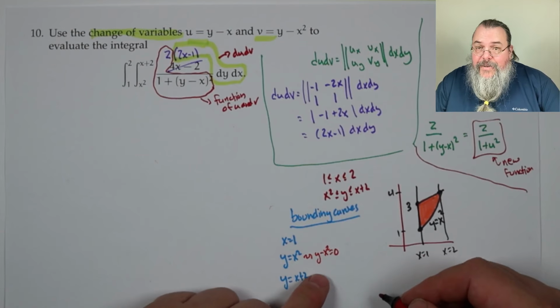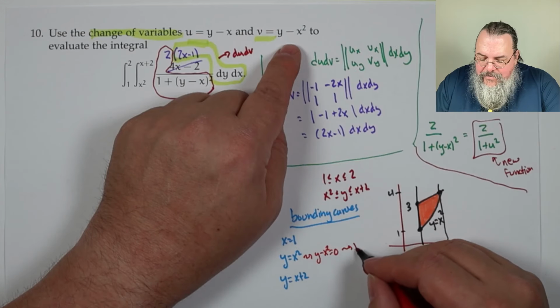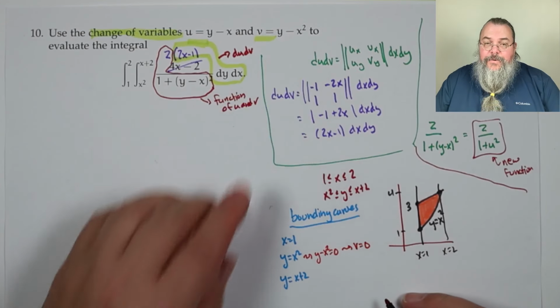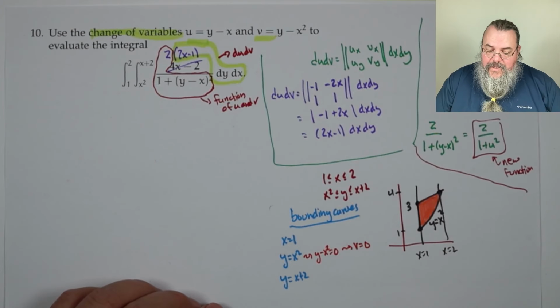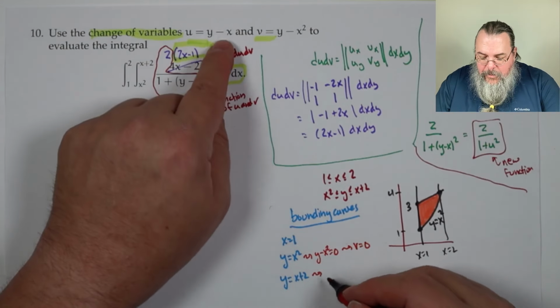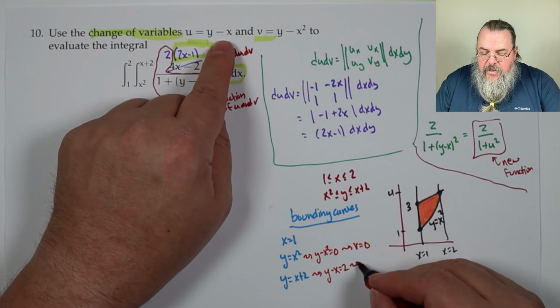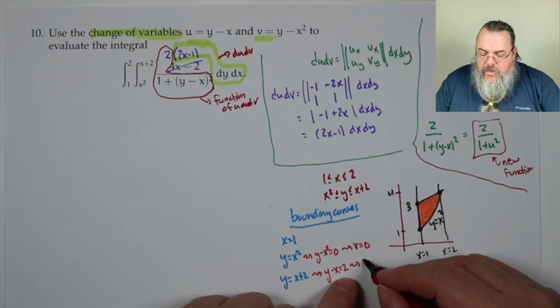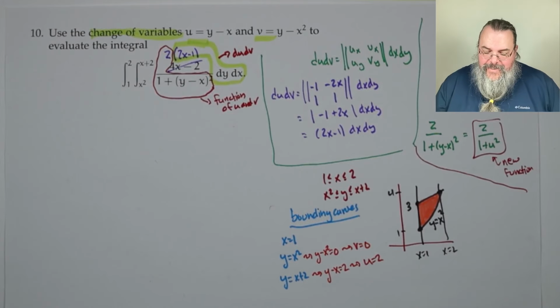But y minus x squared is v. So it becomes v equals 0. So that's a new bounding curve. How about y equals x plus 2? Again, you see y minus x, so y minus x equals 2. And y minus x is u. So you get u equals 2. That's another new boundary curve.